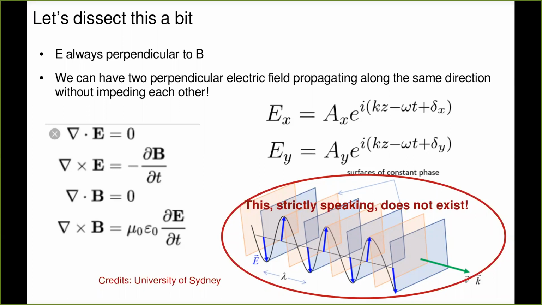So along this given direction z, for given wave number k and given frequency omega, I have 4 more quantities which completely describe my electromagnetic wave: the amplitude of x, amplitude of y, phase of x, phase of y.